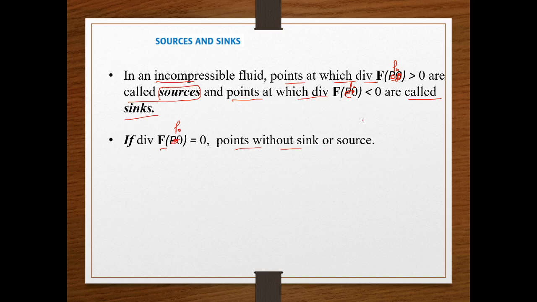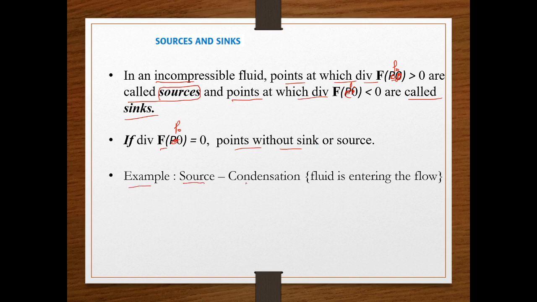Now let me give you an example. An example for a source is condensation, that is, in a surface, fluid is entering the flow. Or melting of an ice cube is an example of a source. Those are real life examples.